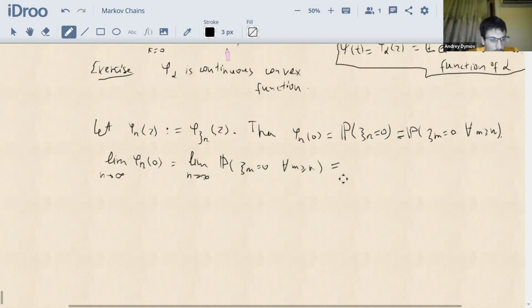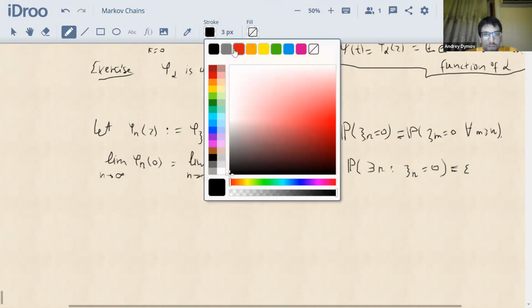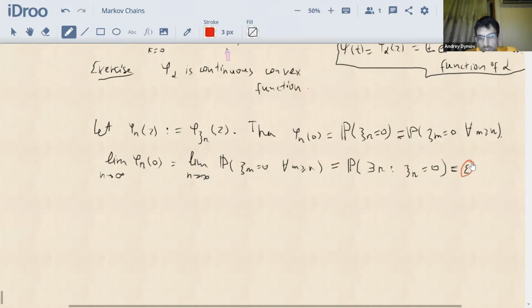I claim that this equals the probability that there exists n such that psi n equals 0. And this probability is exactly the probability we are interested in. This is exactly our epsilon by definition. Who understands why this is true?